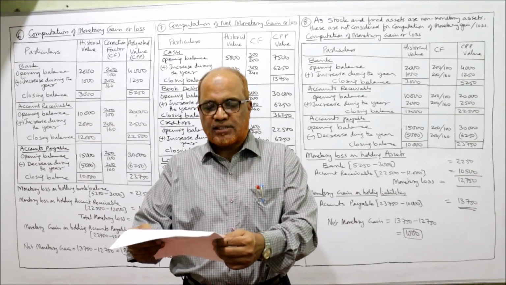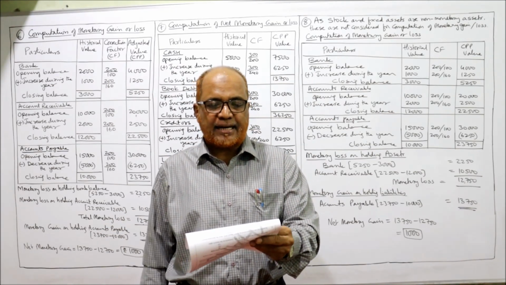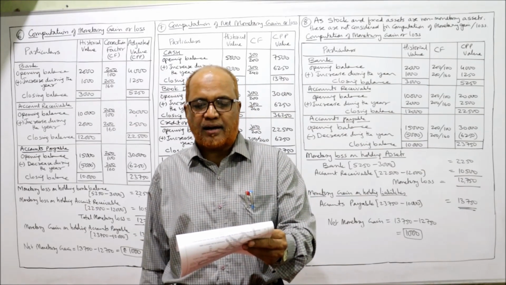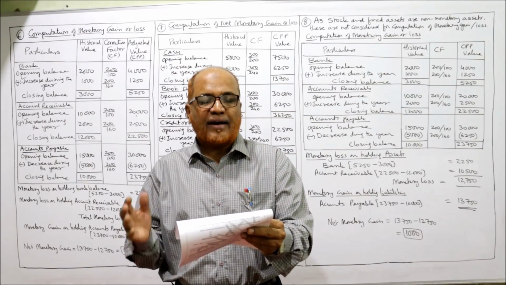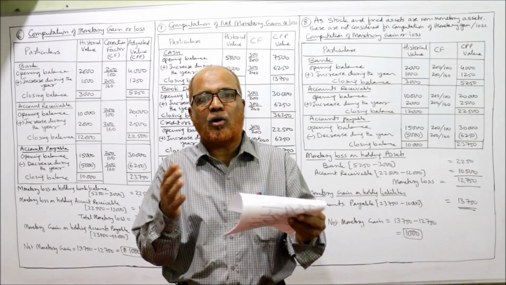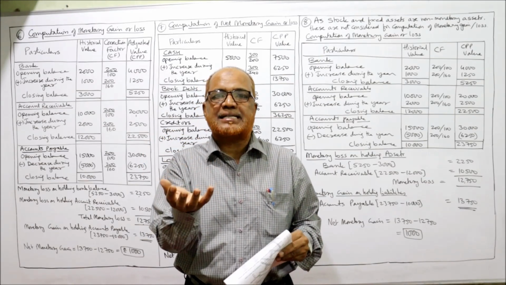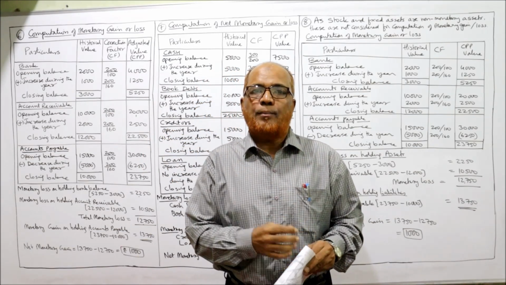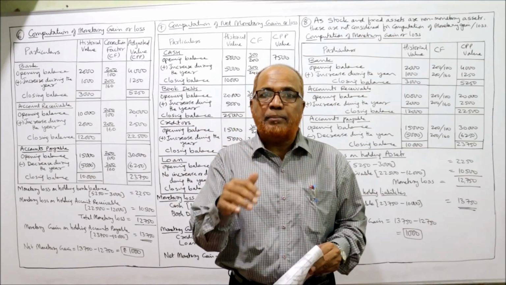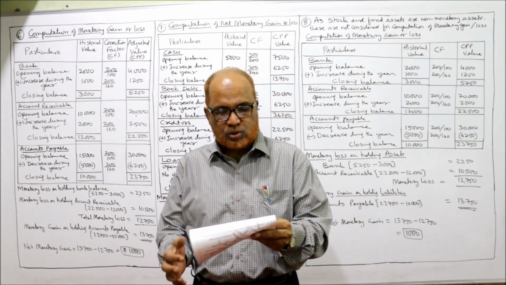Come on, see the 6th problem. Explain and ascertain net monetary result at 2000 end from the undermentioned data. So we have to find out net monetary result, meaning monetary gain or monetary loss. By holding monetary assets, we will incur loss. By holding monetary liability, we get the gain. Already I told you in the previous problem also.